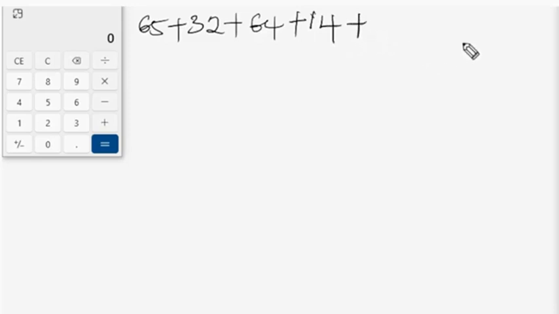And then oxygen is 16, and 16 times 7, that's 112. So let's add all these together. So this will be 287.